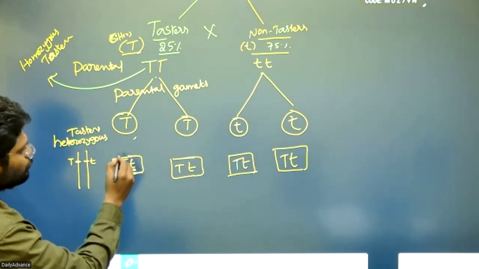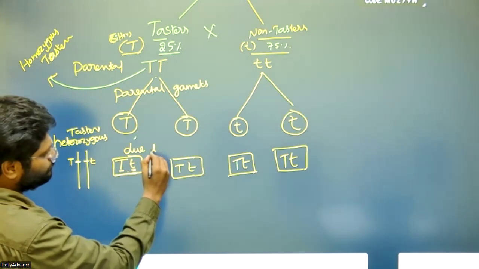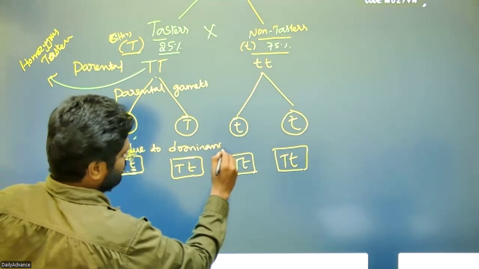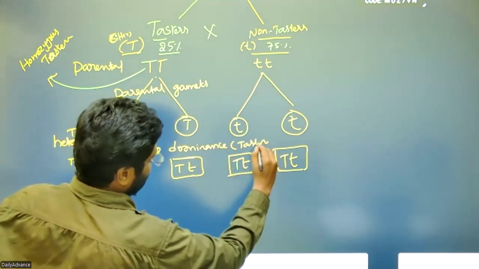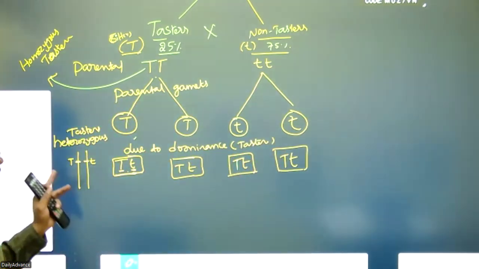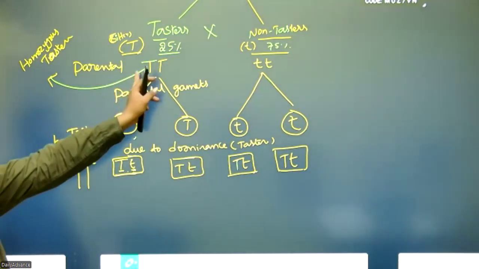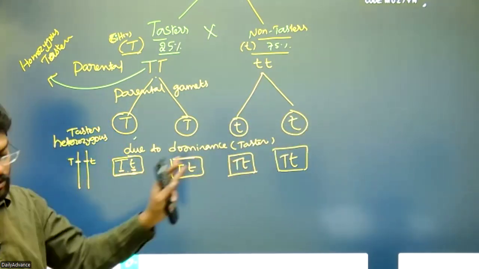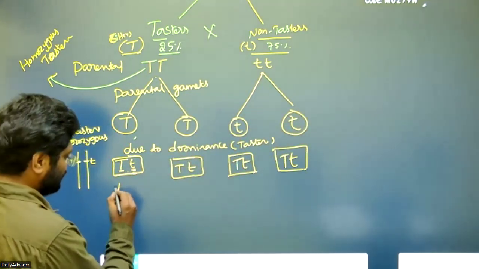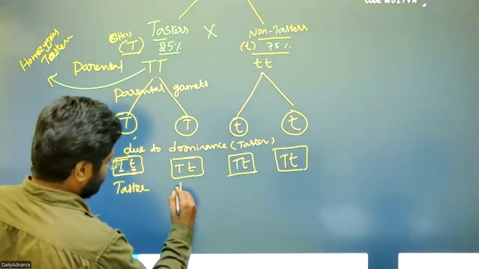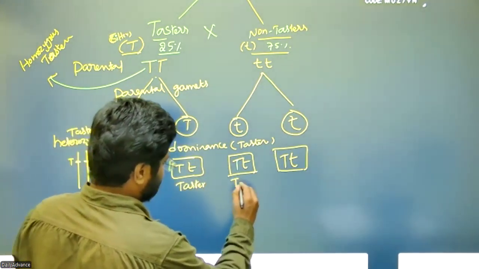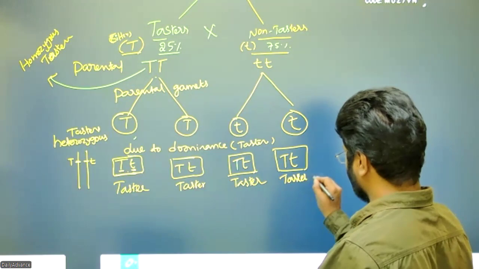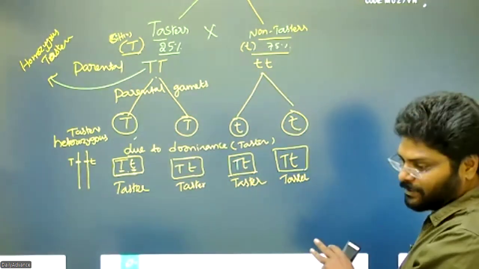Due to the law of dominance and recessiveness, due to the dominance of tasting ability, all the children born from a homozygous taster and a non-taster are born with tasting ability. Understand? This is also a taster. So this is the combination we come to know.